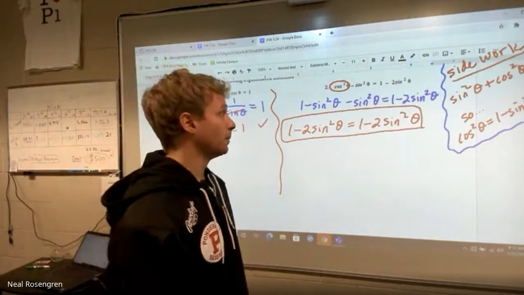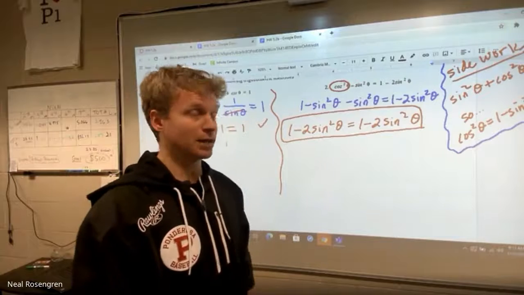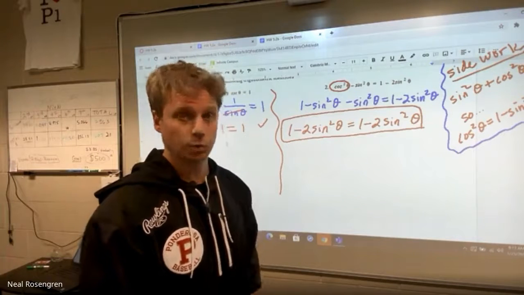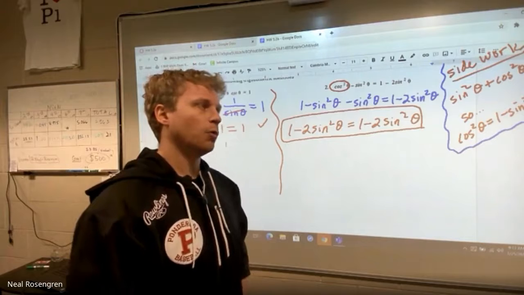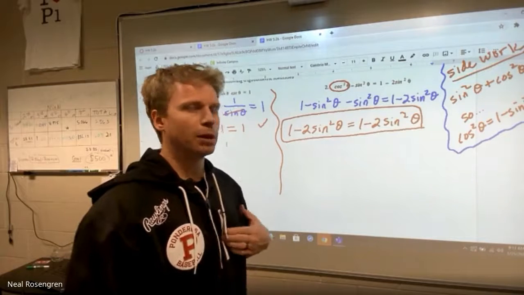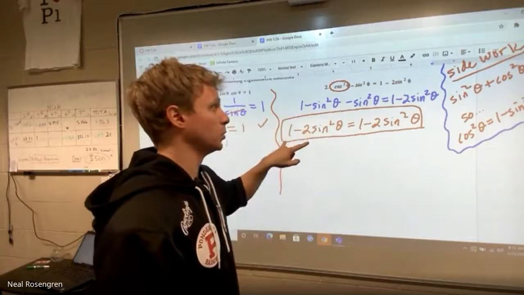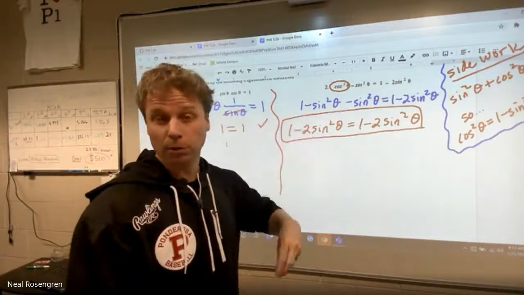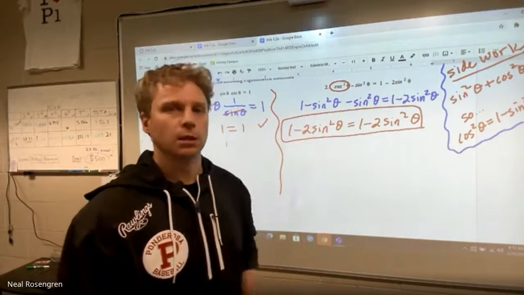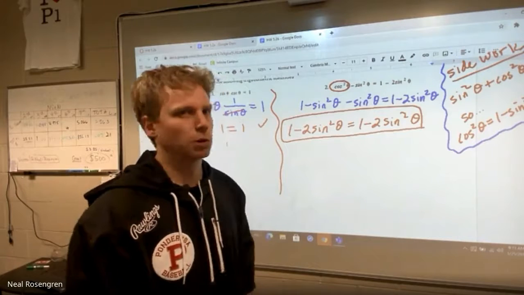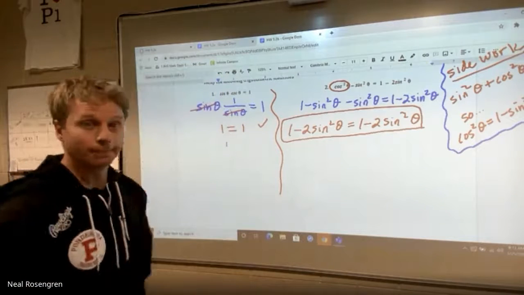So yes, absolutely. If you're just asked to verify an identity, work with either side, whichever one works. But know that the plan for me with number 2 is to make things simpler by reducing the number of trig expressions that we're looking at. But yeah, that works.